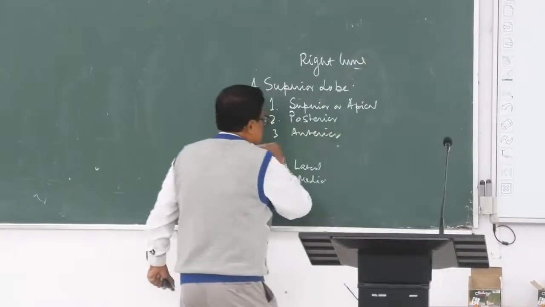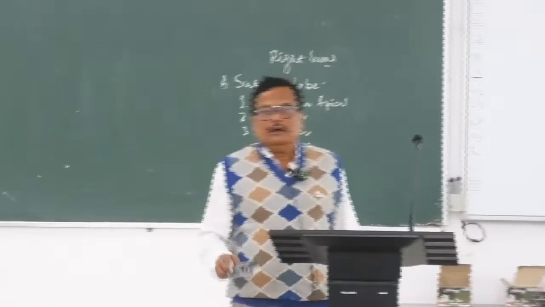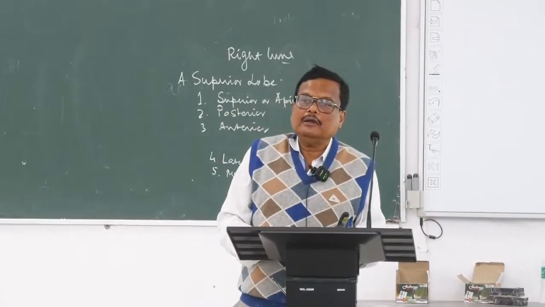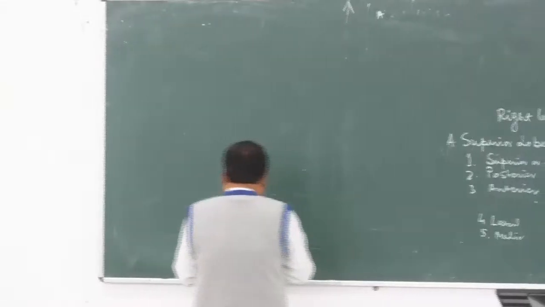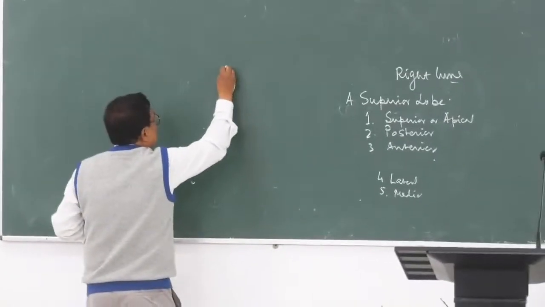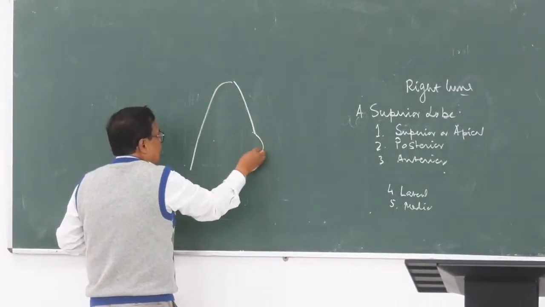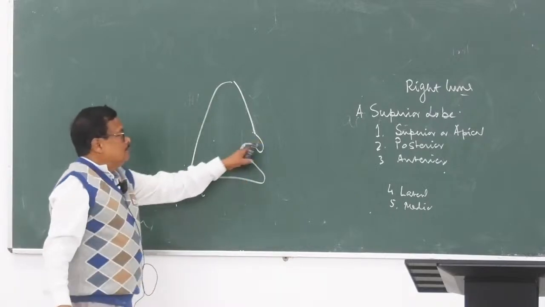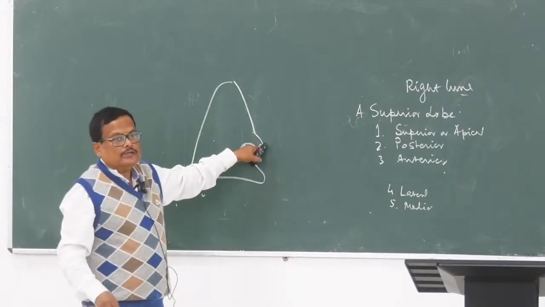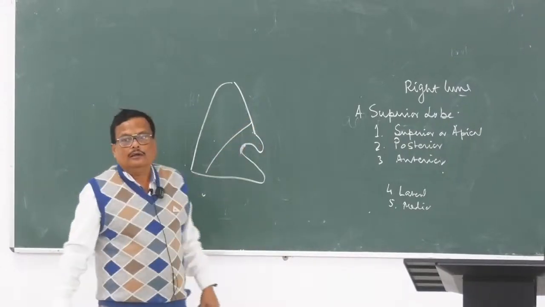The left lung is more or less easy, but the left lung has only 2 lobes, superior or upper lobe and inferior or lower lobe. Then where does the middle lobe go? In the left lung, as you already know, the superior lobe has a tongue-like projection, which is called the lingula.